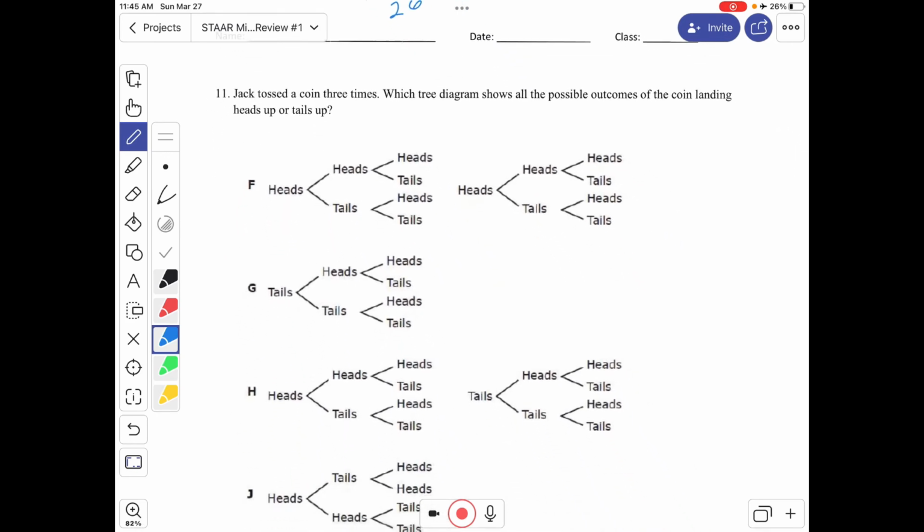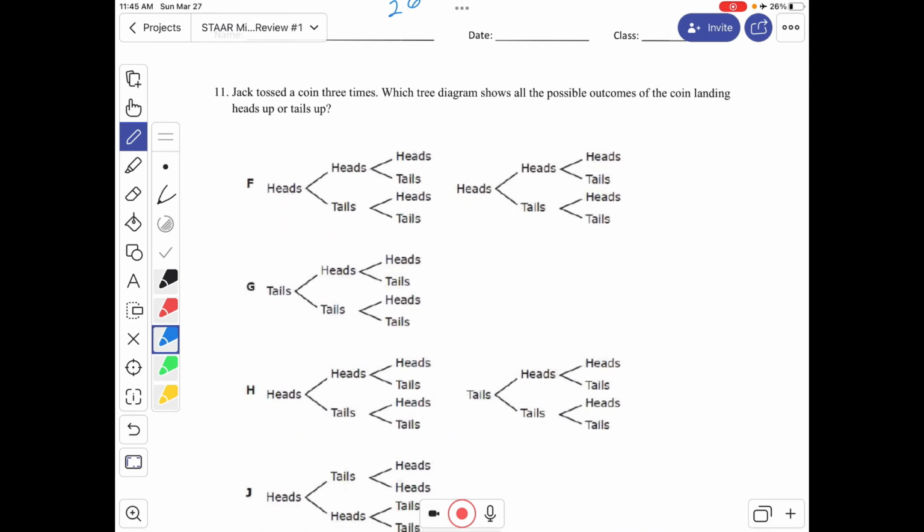Last question. Jack tossed a coin 3 times. Which diagram shows all the possible outcomes of the coin landing heads up or tails up? Okay, well, first of all, there needs to be 3 choices. So he could either get heads or heads again?